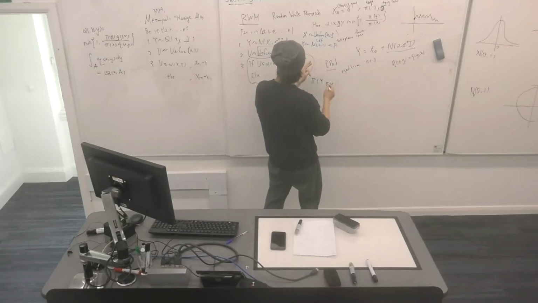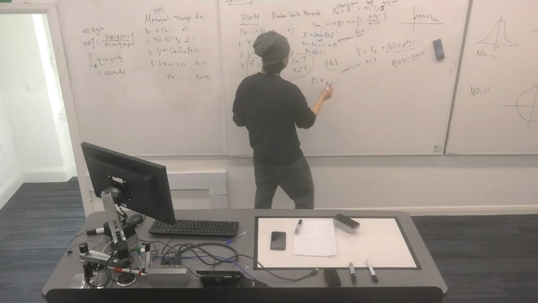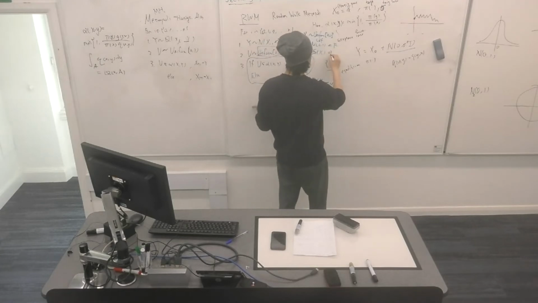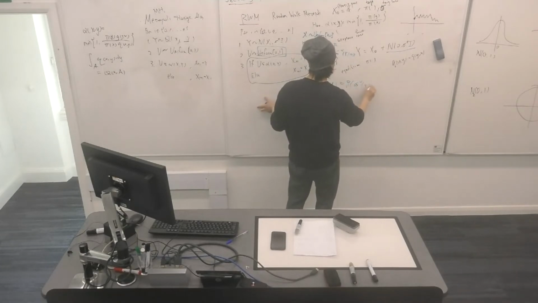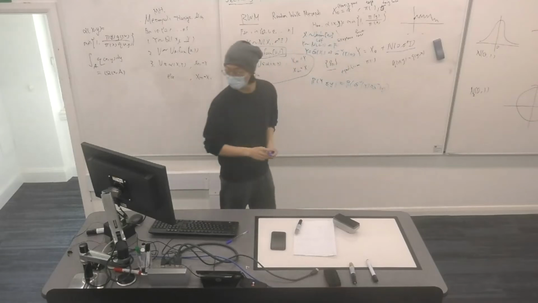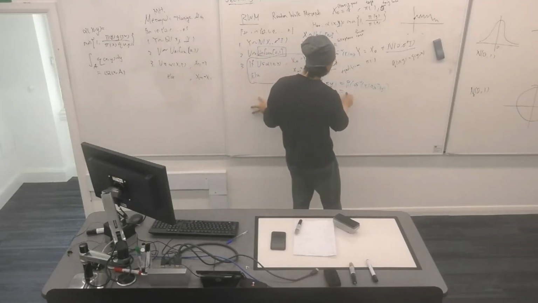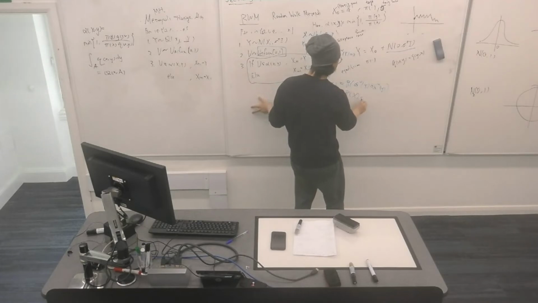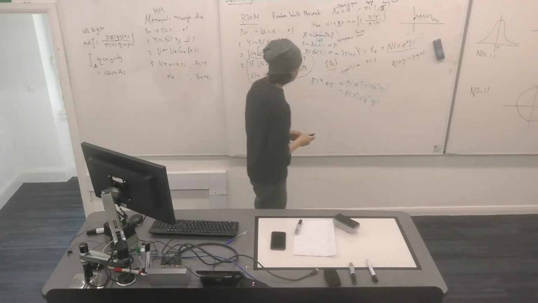So if y is kind of like a g of x, then we can have g inverse of y. This is just the probability of x being less than or equal to g inverse of y.